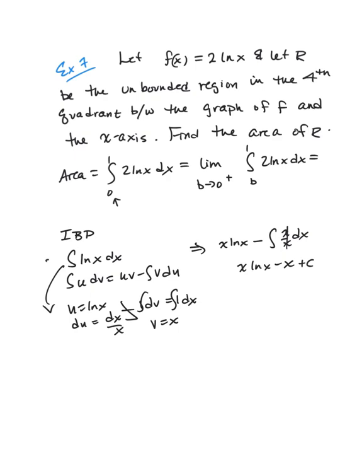Now down here, when I did my scrap work, I did not have a 2, so I'm going to have to put that 2 in. So I have 2 times the limit as b approaches 0 from the right of the integral. Oh, I already got the integral. So of x ln x minus x.